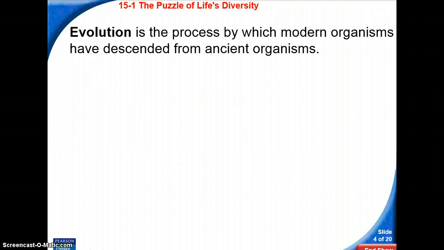This class is a biology class, and we are a science class, so we're looking at it from a science perspective. And from that perspective, evolution is something that has been proven. So, we will be talking about the evolution of modern organisms and how they come from ancient organisms and how they have evolved over time.